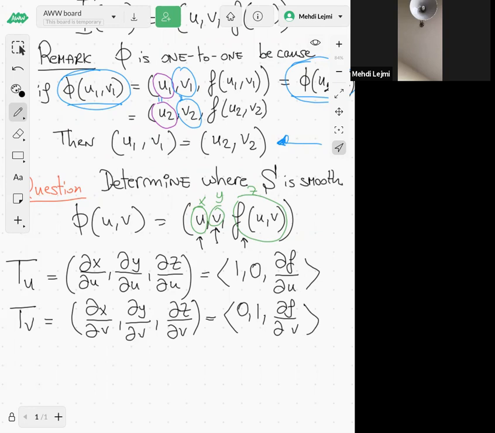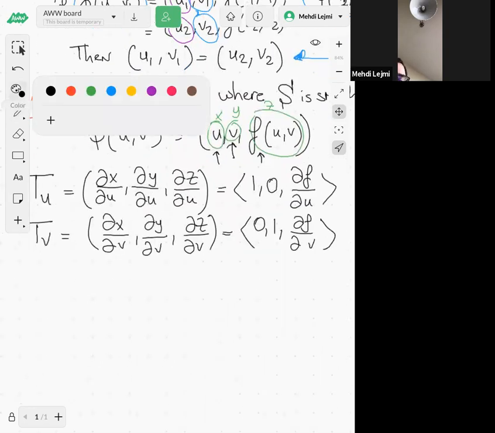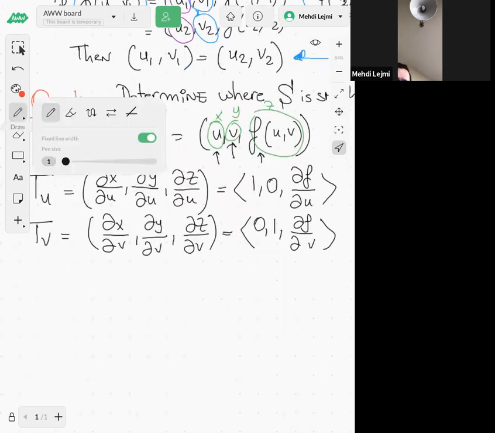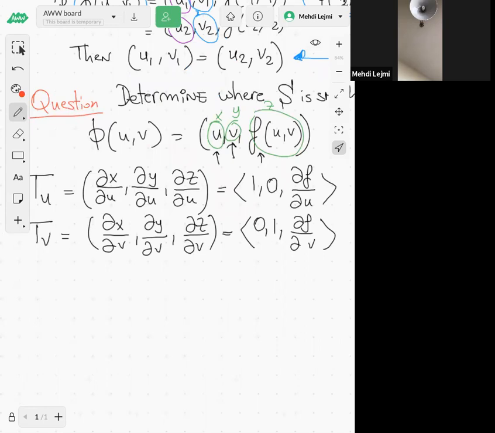We don't have the explicit expression of f, but it doesn't matter when you take the cross product of these two tangent vectors. We want to check where it's smooth, so you need the cross product of these two vectors to be non-zero. So let's see where the cross product is going to be 0.